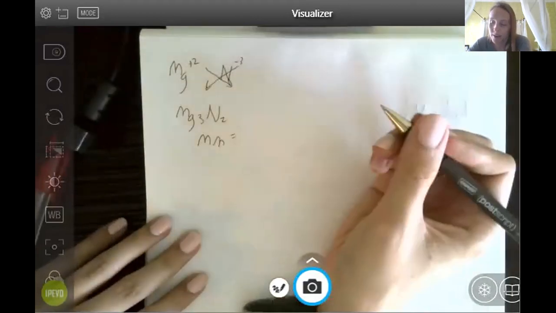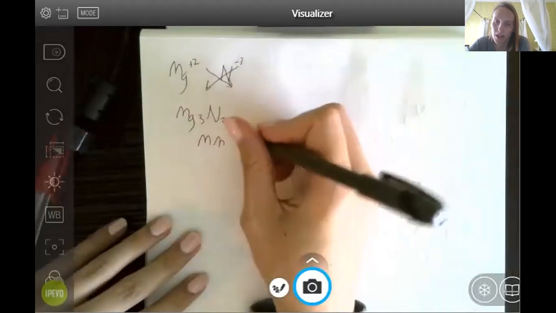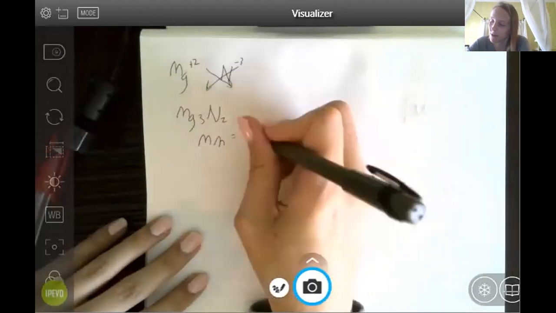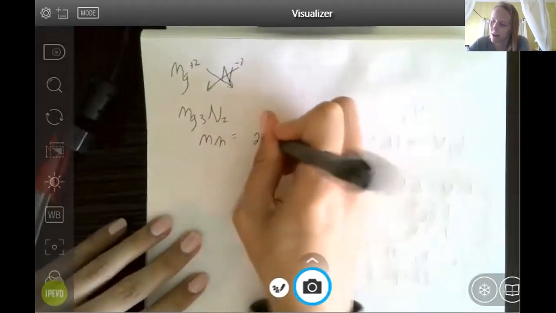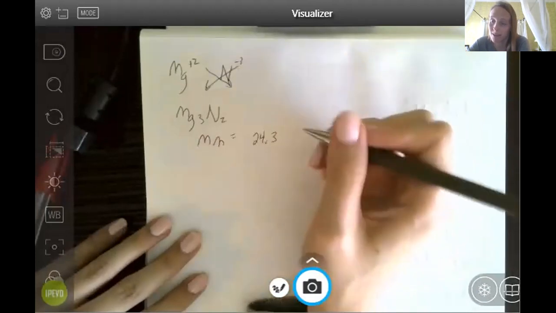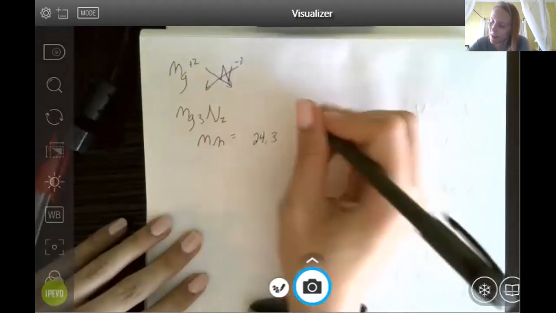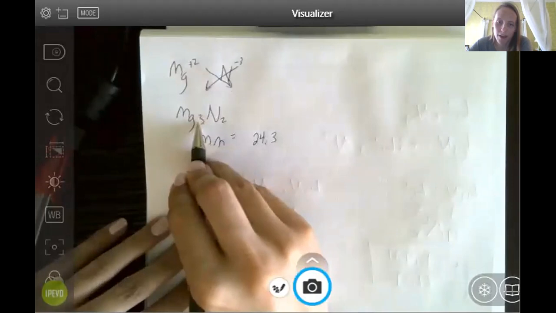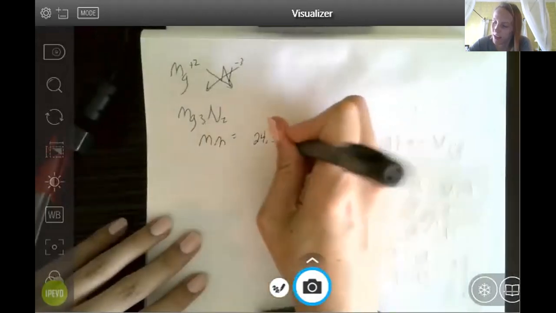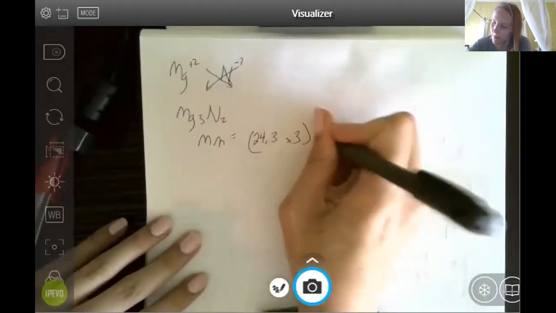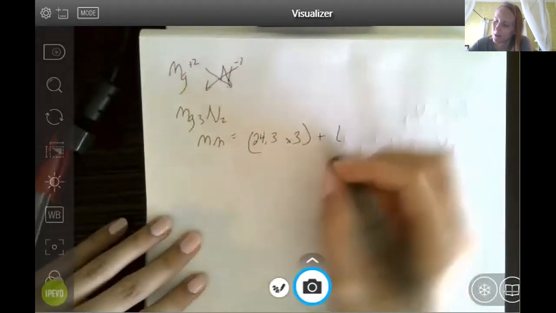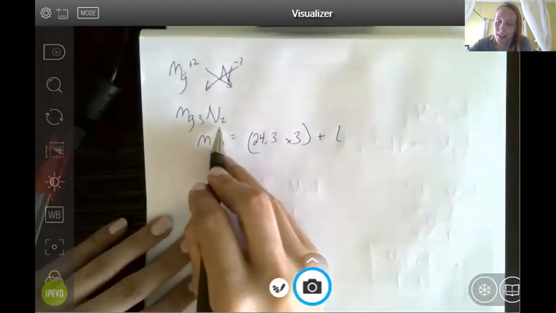So we look on our periodic table and magnesium has an atomic mass of 24.3. And we are going to times that by 3 because there are 3 magnesiums. And then I will add that to my nitrogen mass.